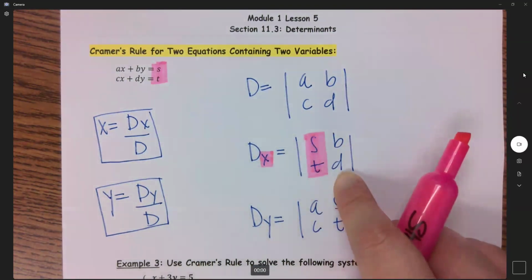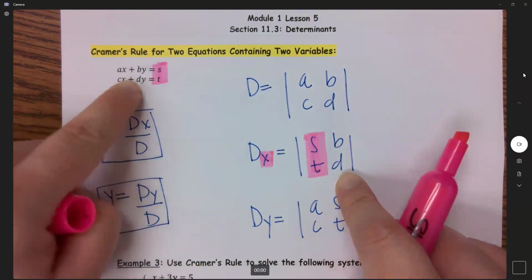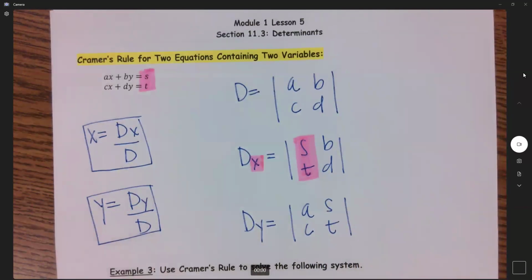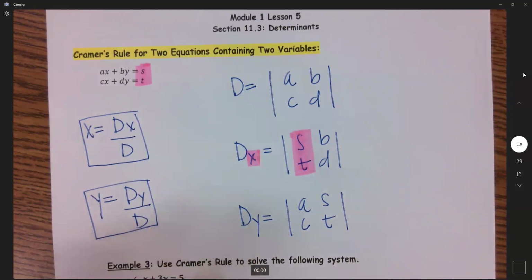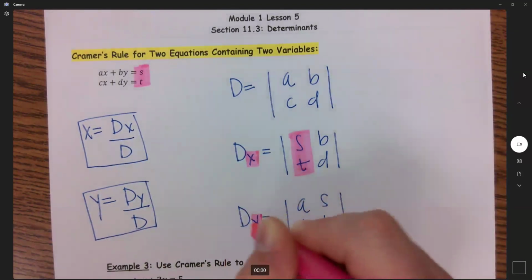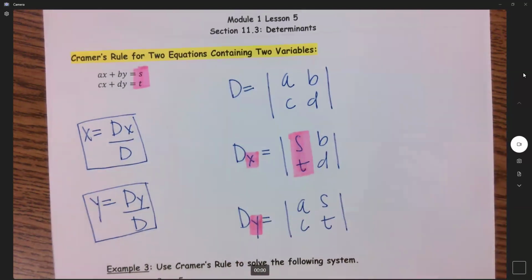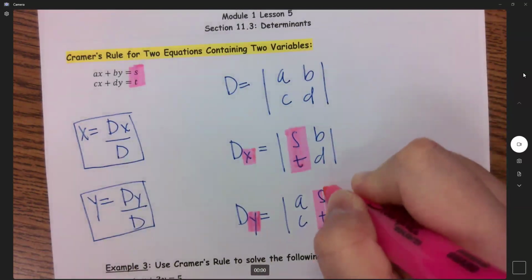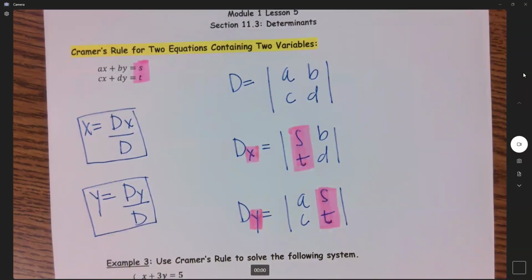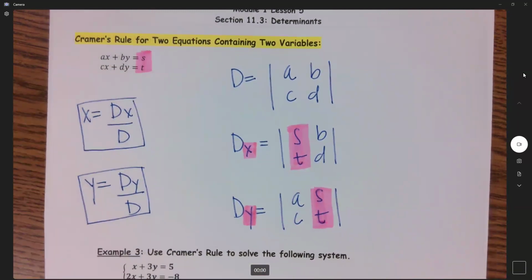So my y column will stay as that BD. Then when you come over here to D sub y, exact same thing, because this is D sub y, you're going to replace your y column now with what this equation equals.